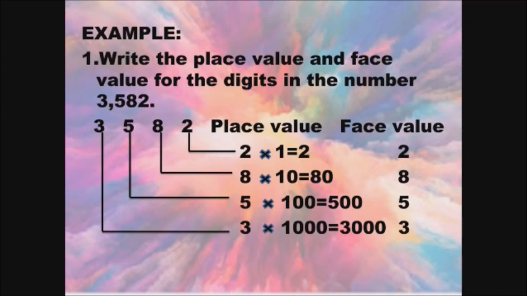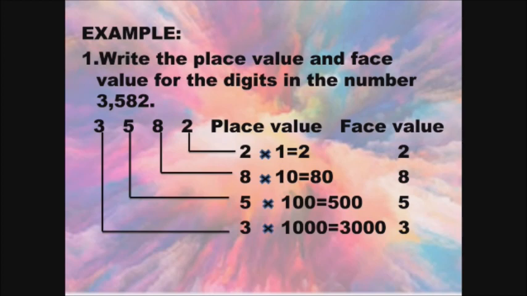It is in tens place. So 8 into 10 is equal to 80. Next number is 5 and it is in hundreds place. So 5 into 100 is equal to 500. Next the number is 3 and it is placed in thousands place. So 3 into 1000 is equal to 3000. So this is the place value.